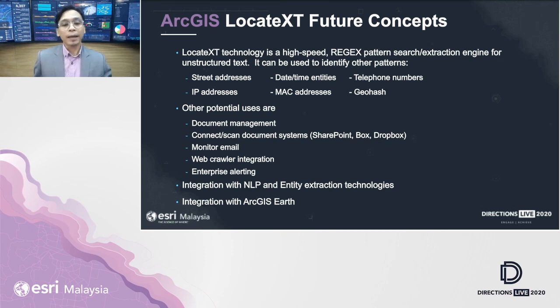In the roadmap plan, LocateXT will be able to do search extraction for document management, document system monitoring, email, web crawler, and enterprise alerting. You will be seeing more of LocateXT integration with natural language processing, or NLP, and ArcGIS Earth in the future.